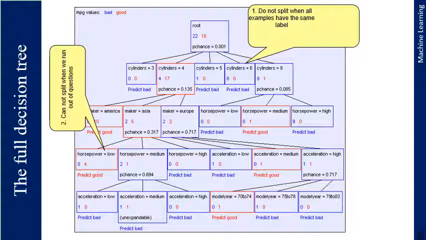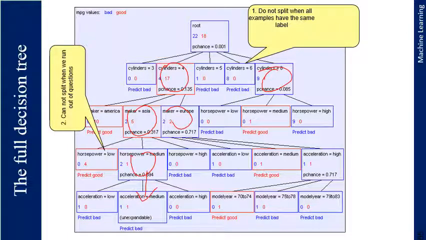So this is the further explanation of the same example, or the full decision tree for this particular example. As you can see, you use cylinder 4 and cylinder 8 to divide, and then you use maker Asia to further divide and maker Europe to further divide the tree, and so on.